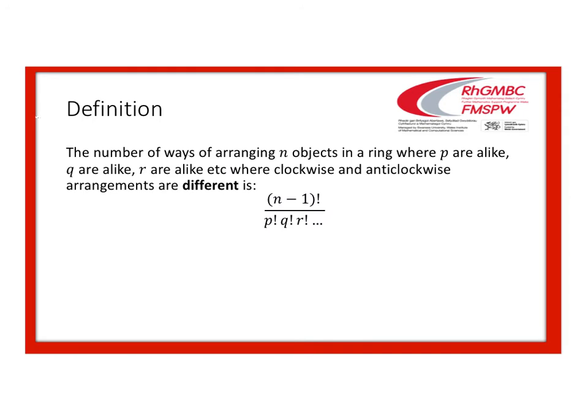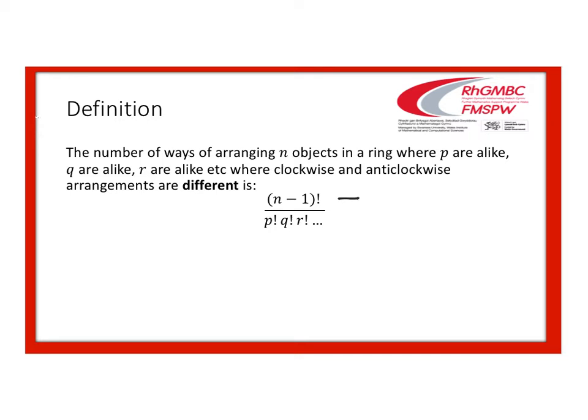The number of ways of arranging n objects in a ring where p are alike, q are alike, and r are alike, etc., where clockwise and anti-clockwise arrangements are different, is (n minus 1) factorial over p factorial, q factorial, r factorial, all in a product.